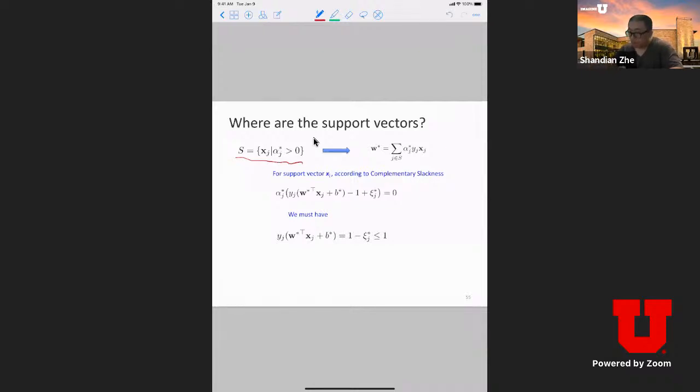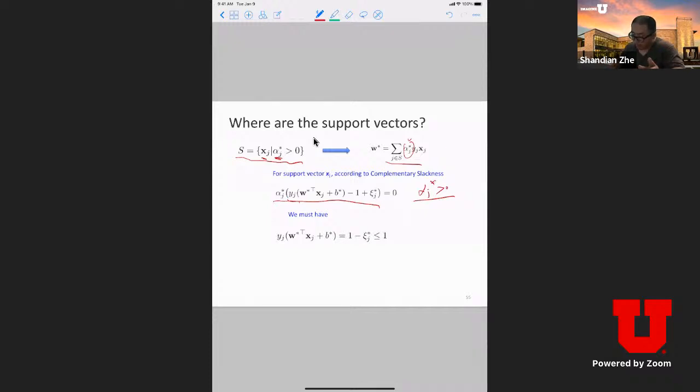S consists of all training examples whose corresponding alpha j star is strictly positive. We know that our optimal weight vector is a linear combination of the support vectors weighted by the alpha j stars. So we know alpha j star is bigger than 0. According to complementary slackness, remember, the Lagrange multiplier multiplying the constraint function must be 0 at the optimum.